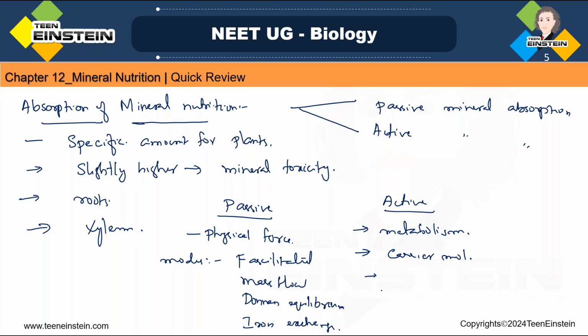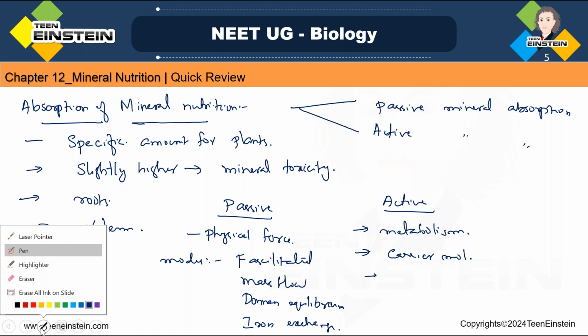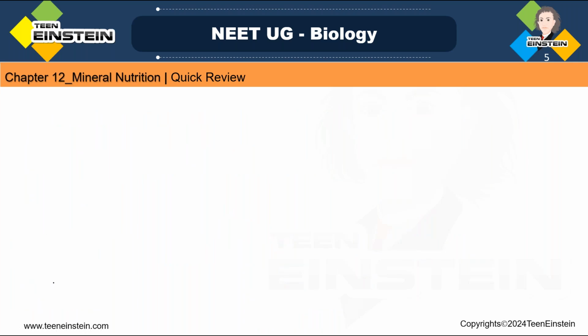So absorption of minerals takes place in both the active way and the passive way. Next, a very important part of this chapter, from where you can expect good questions, is nitrogen metabolism.